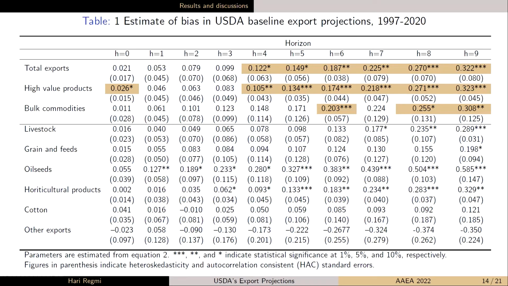Most of the literature indicates that they underestimate the realized value, which means there is some bias. Potentially, we can explore some economic factors, for example the exchange rate, the commodity-trade-weighted exchange rate, or the bank prime rate, which might be contributing to that bias. And the forecaster, for example USDA, should include these economic factors to make these projections.